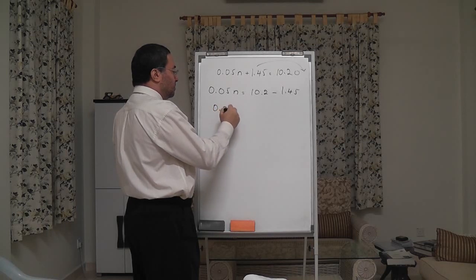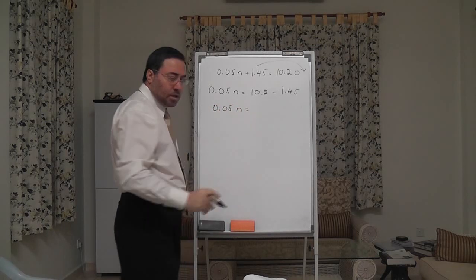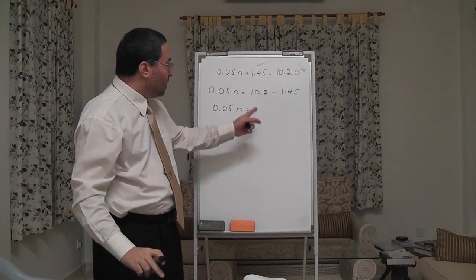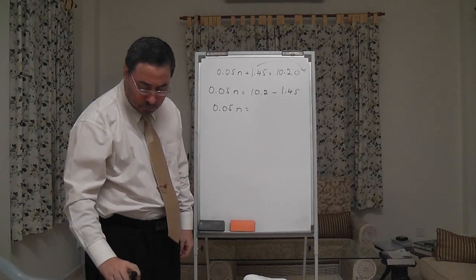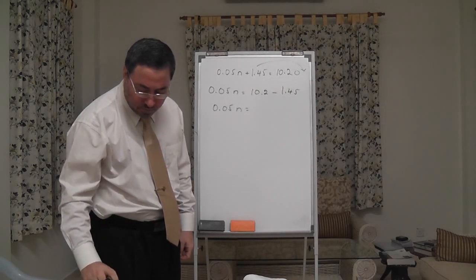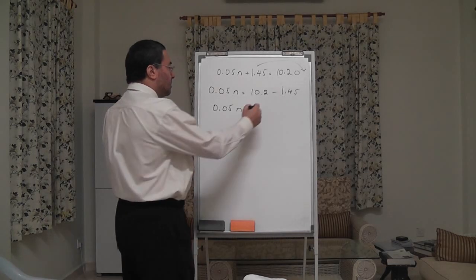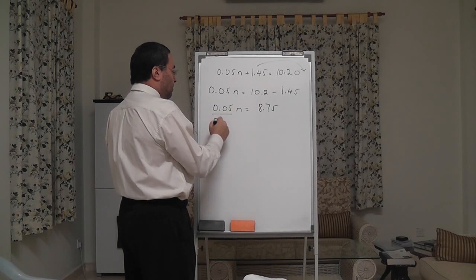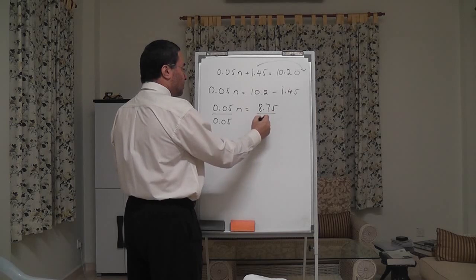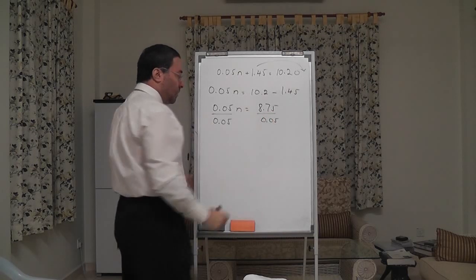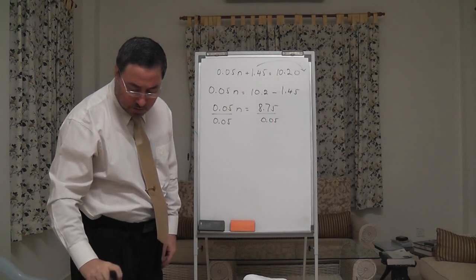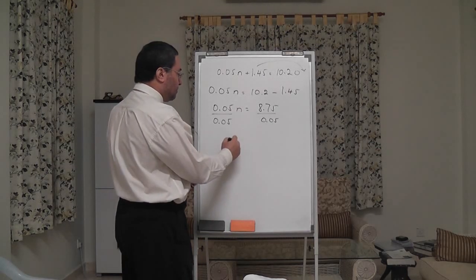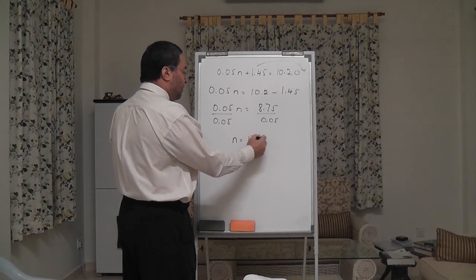Now, using the calculator, 10.2 minus 1.45, and we get 8.75. We divide everything by 0.05, and we get n equals 175.